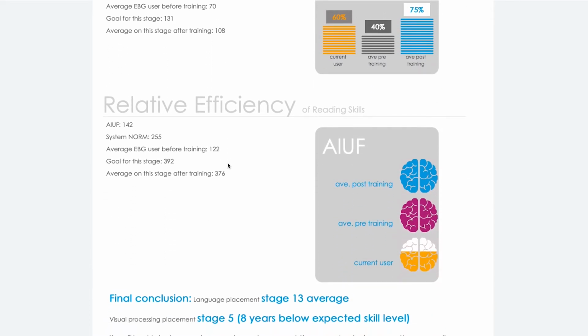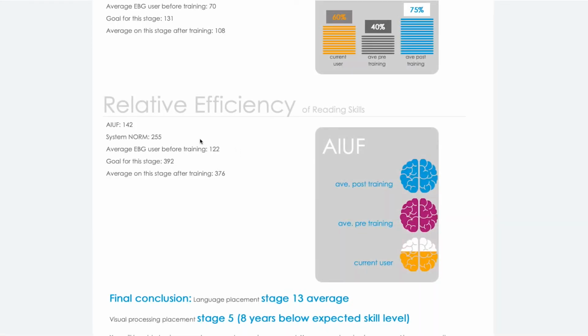So the relative efficiency is a combination now of the reading skills and the comprehension, and the relative efficiency gives us an indication of what is the proficiency when working with visual information. And this student, the norm is 250, achieved a 142 AIUF, which is action, interpret and understand factor.